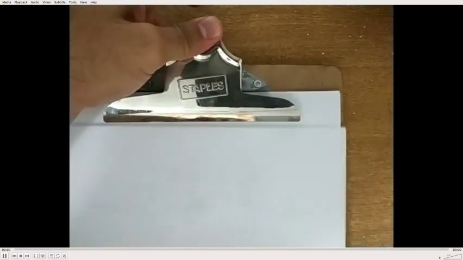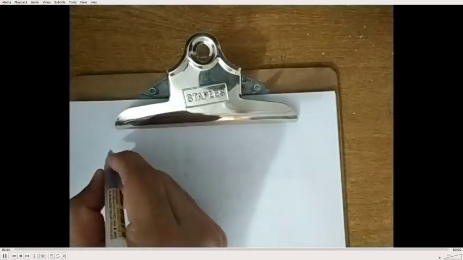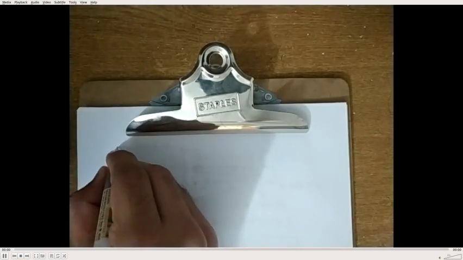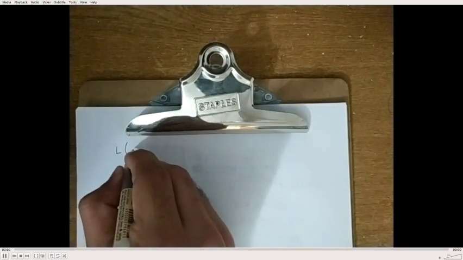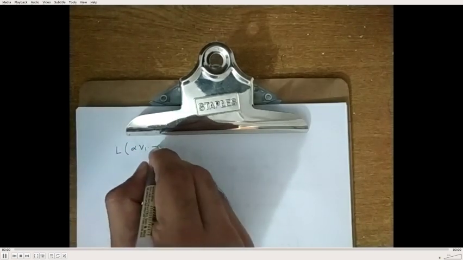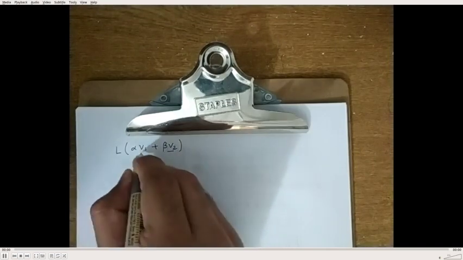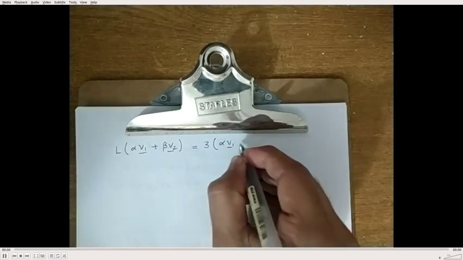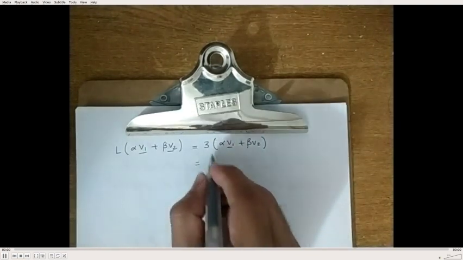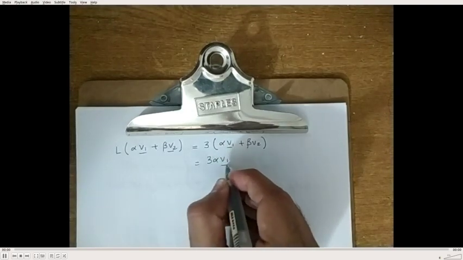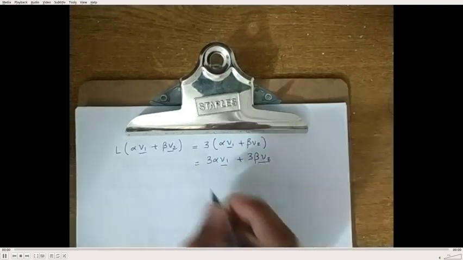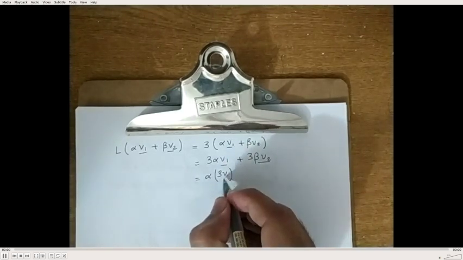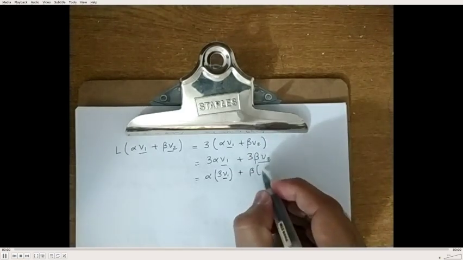Instead of taking scalar multiplication and addition separately, I could have easily done L of alpha V1 plus beta V2, and now I can show that this is 3 times alpha V1 plus beta V2, multiply this out: 3 alpha V1 plus 3 beta V2, switch the alphas and 3, so alpha times 3V1 plus beta times 3V2.